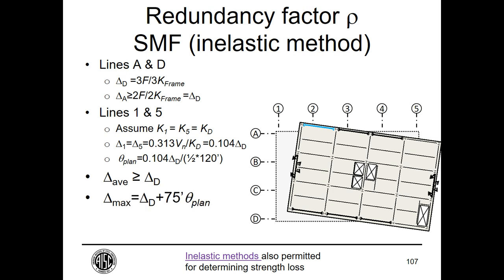And that gives us a total rotation. And that total rotation can contribute to extra displacement, say at line A, and a little bit more. So we can do inelastic methods as well as elastic methods to do the redundancy factor.